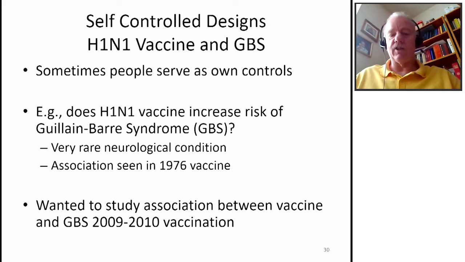There was an association back in 1976 between the H1N1 vaccine and Guillain-Barré syndrome. And so they wanted to study whether there was an association between this vaccine and Guillain-Barré syndrome during the 2009-2010 vaccination, because they had some evidence that suggested there might be an association.